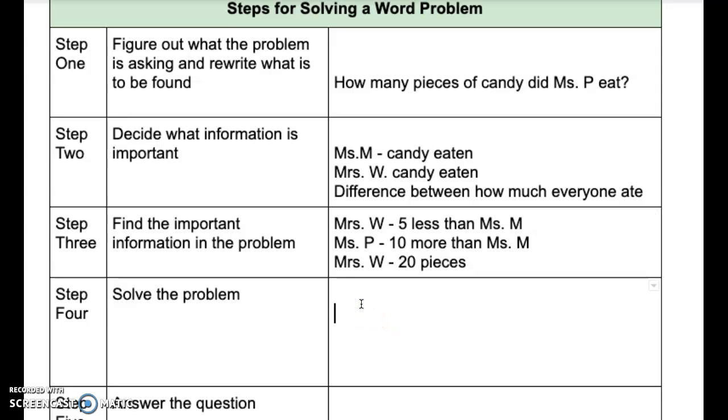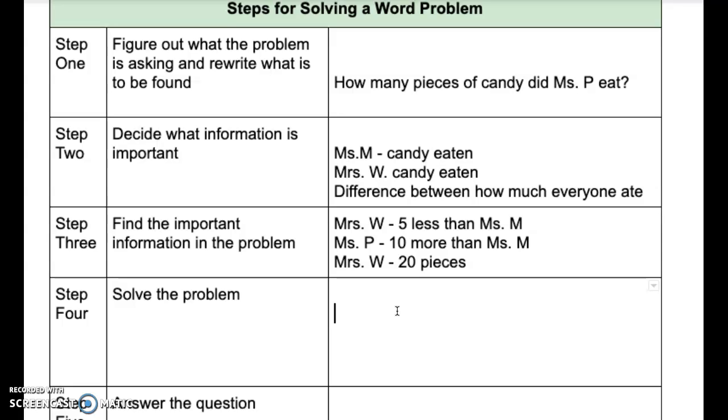And we are going to solve the problem. And we're trying to figure out how much candy did I eat. Well, we know that Miss Woldman ate 5 less than Miss Moser. And Miss Woldman ate 20 pieces. So 20 is 5 less than what number?